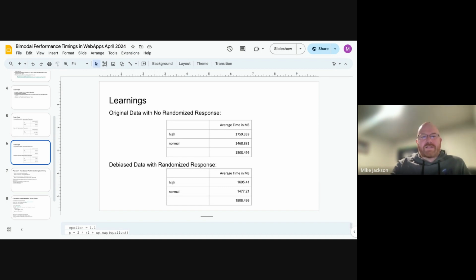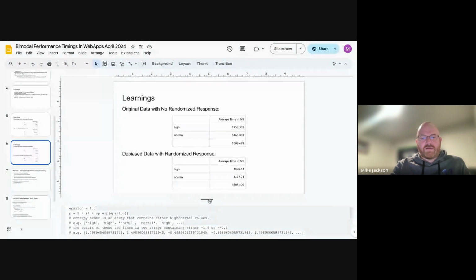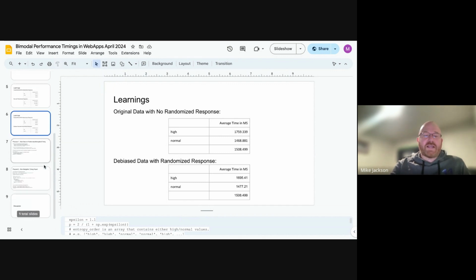And I've actually included in the deck here the algorithm that I use to debias the data. So if folks want to go and check the math, the math is all available for people to go review. And so that leads me to two questions that I would have for this group.